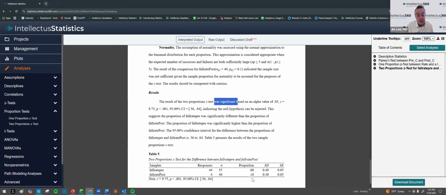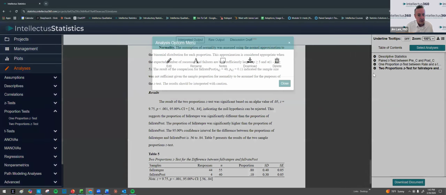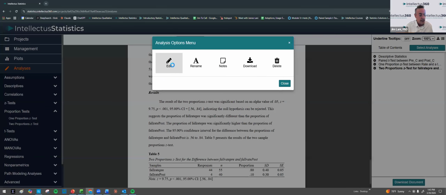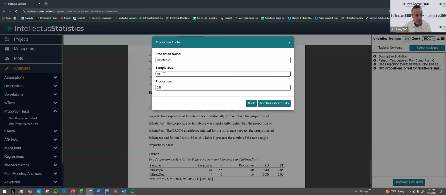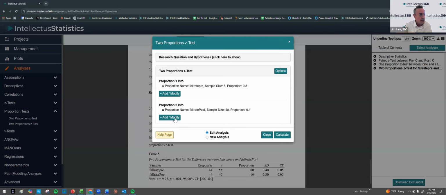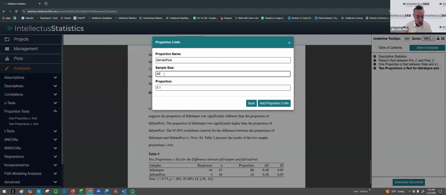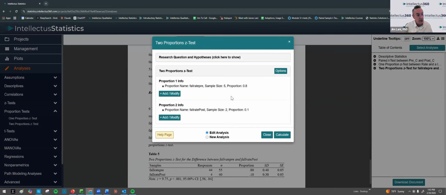It seems quite obvious that 80 and 10 are different until you get to weird sample sizes. That is to say, small sample sizes. Maybe this proportion was 5, and maybe this proportion was 2. Okay, I'm still comparing 80% to 10%, but I have different sample sizes.